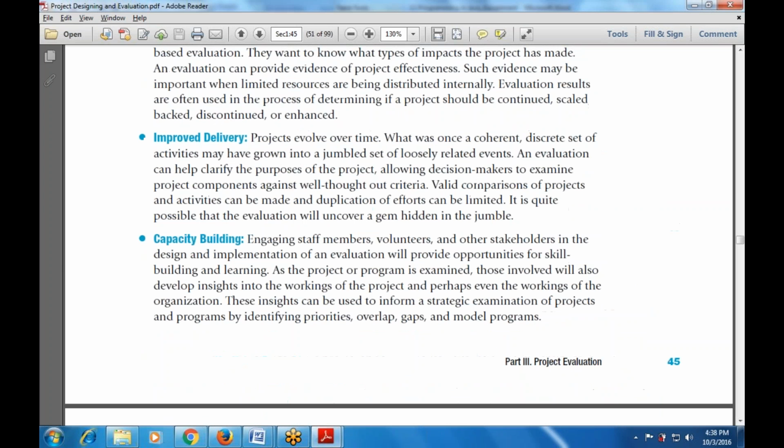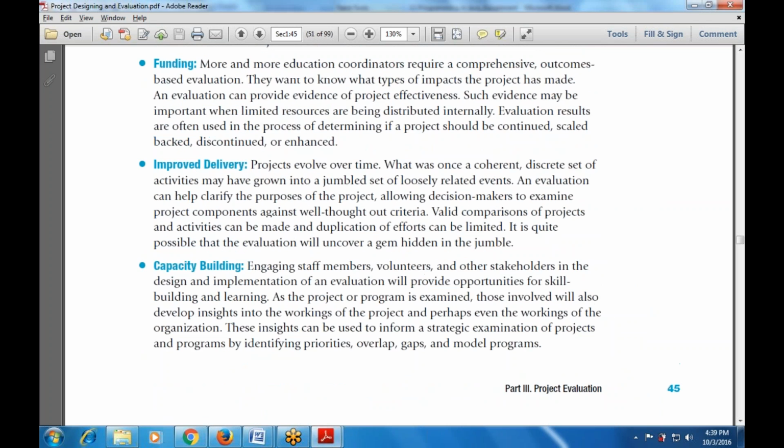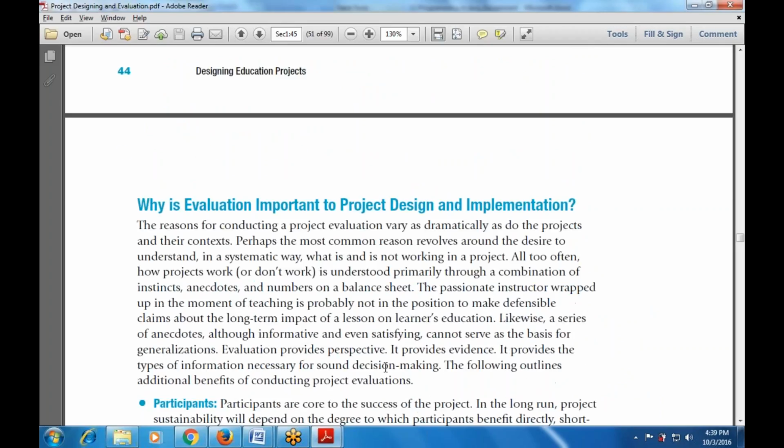These are the various points on why project evaluation is essential for project design and implementation. Why is it developed, why is it used?